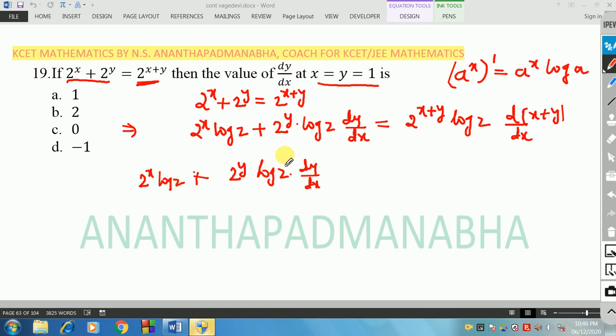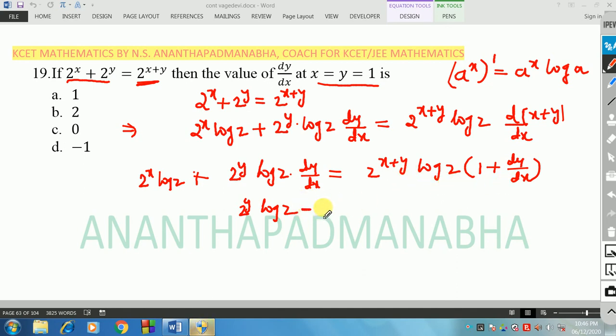Next term is 2 to the power of y into log 2 into dy by dx is equal to 2 to the power of x plus y log 2, and the derivative of x plus y is 1 plus dy by dx. So now we have 2 to the power of y and log 2. Here on the right hand side I have 2 to the power of x plus y into log 2 into dy by dx. We will bring this to the left hand side.